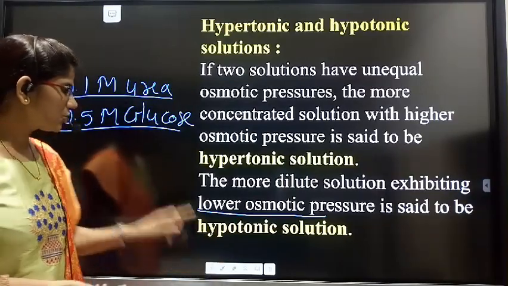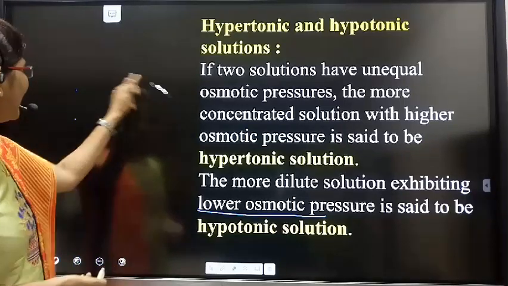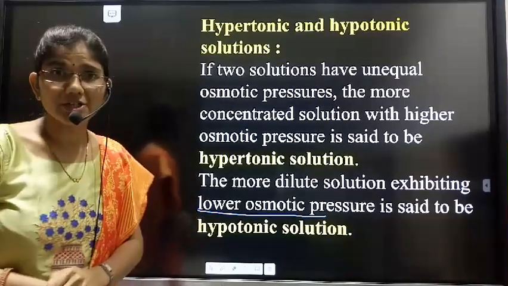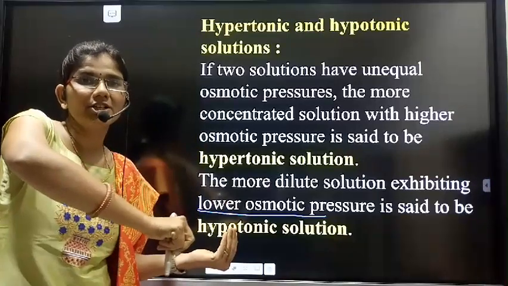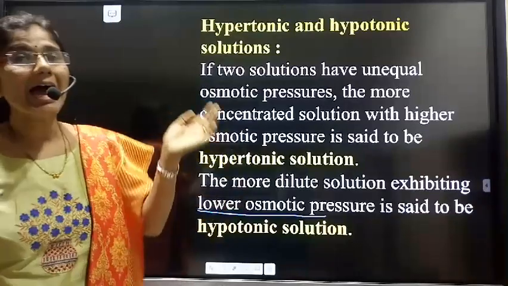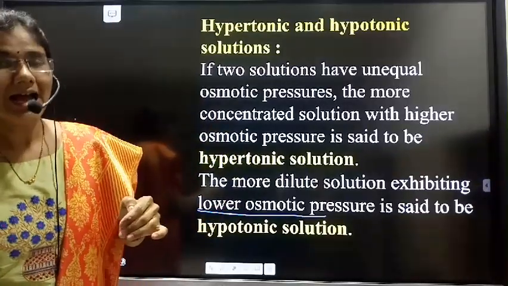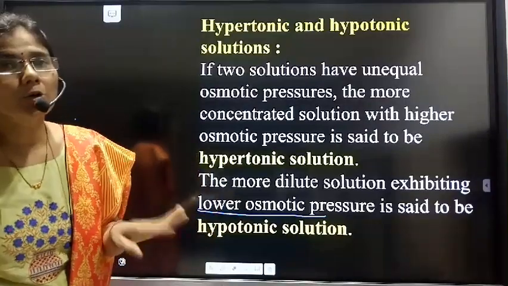Meaning, in a solution having unequal concentration, if the glucose has a higher concentration than the urea, then the glucose is hypertonic with urea and urea is hypotonic with the glucose.